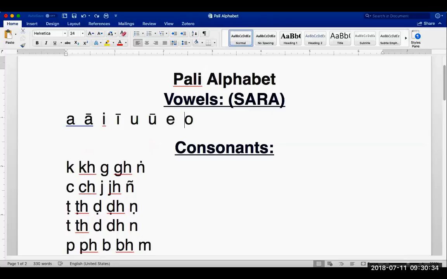For example, if you say the word eka, we pronounce it as long, but we don't have any diacritical mark. And odanaṃ means rice in Pali. So that also is a long vowel.